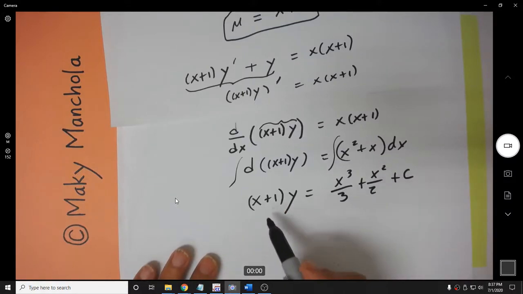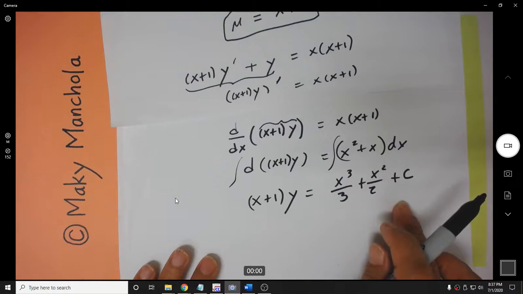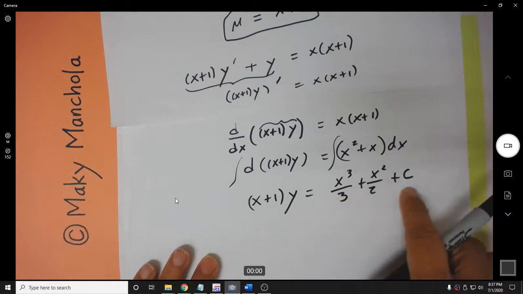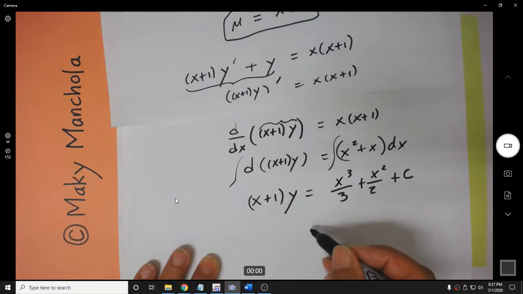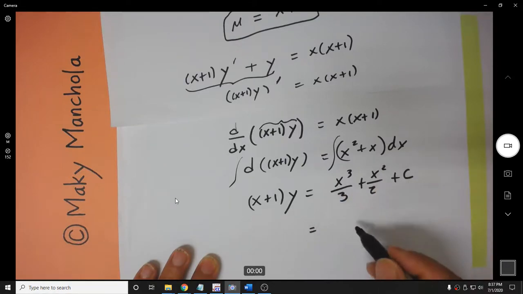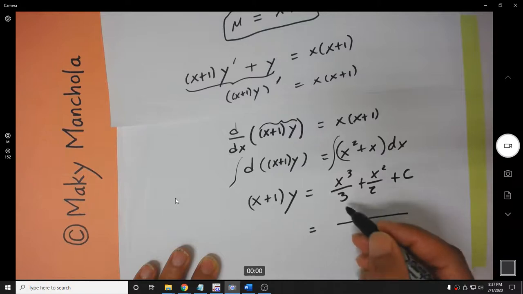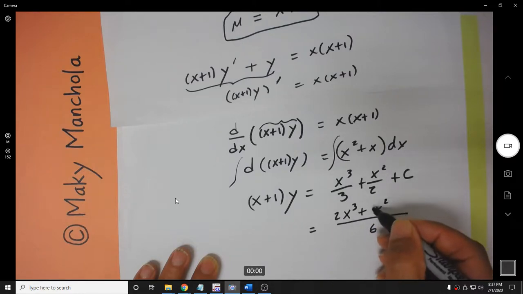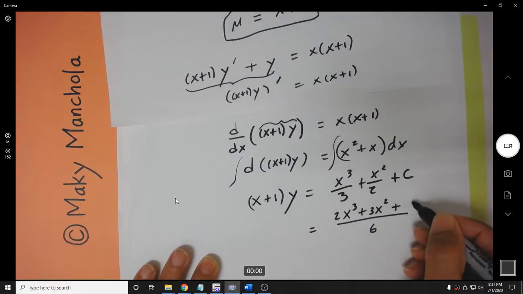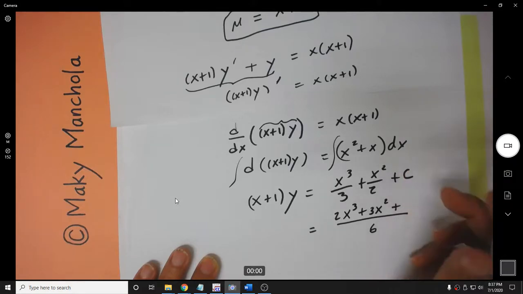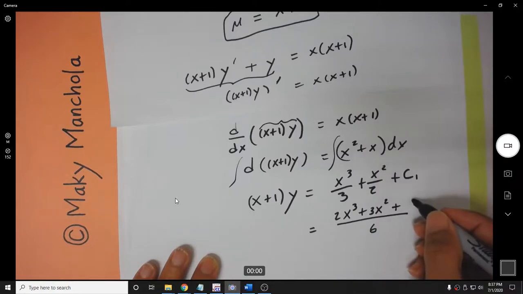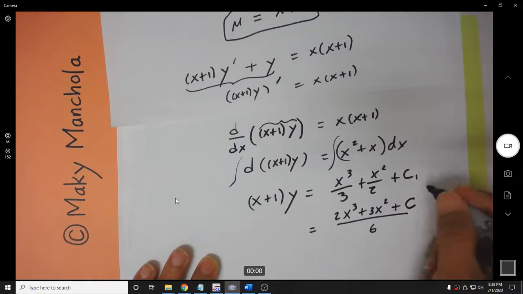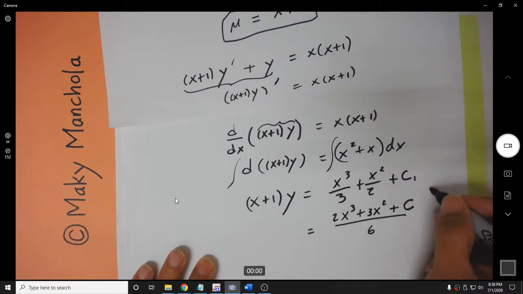If you want y by itself, all you have to do is divide through by x plus 1. If you want to have a single fraction, then you should write the right-hand side with the common denominator of 6. So you get x cubed times 2 plus x squared times 3 plus some constant of integration. This will be 6 c1. So if you permit me to write c1 here, then I can say this is c, where it's just 6 times c1.